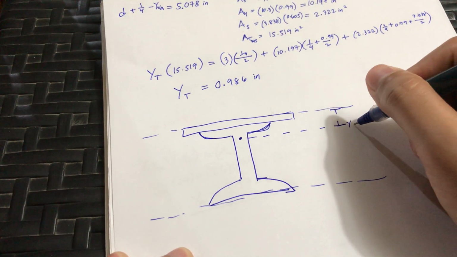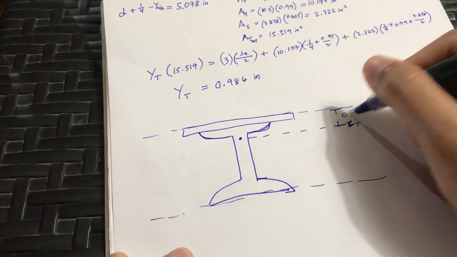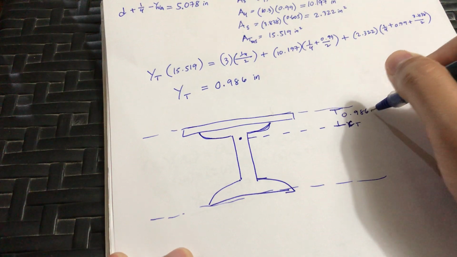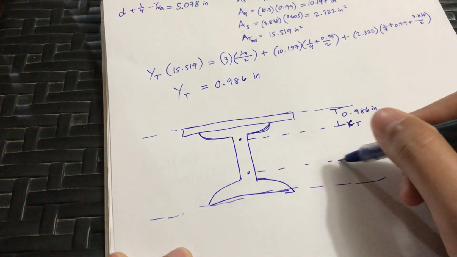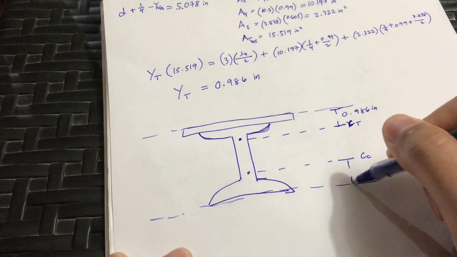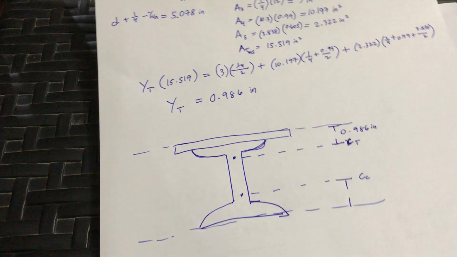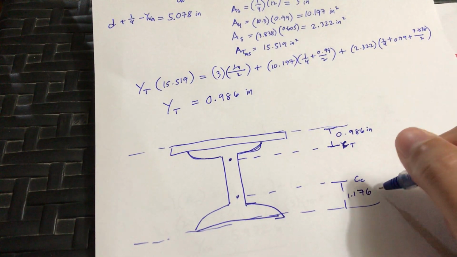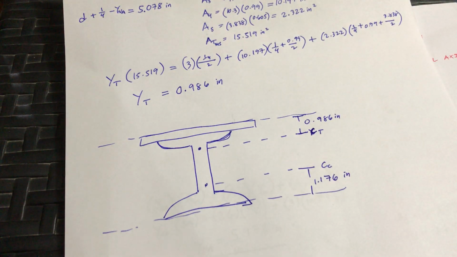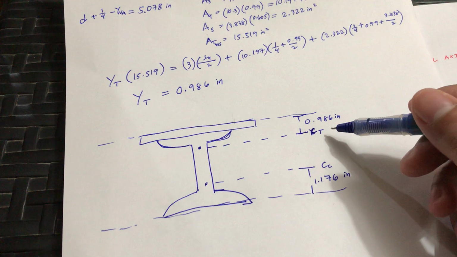This is the y, or the center. The tension side is 0.986 inches, while the center of the compression side is also equal to 1.176 inches.